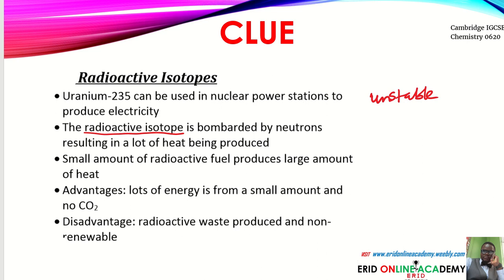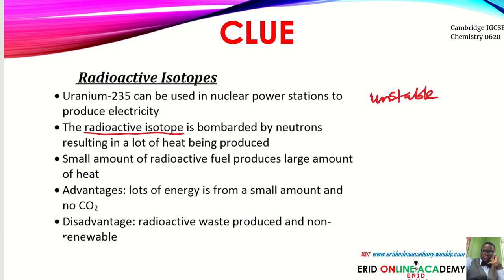Radioactive elements disintegrate continuously, and via that disintegration they release particles into the atmosphere, and sometimes they could be dangerous to the environment when people are exposed to radioisotopes.